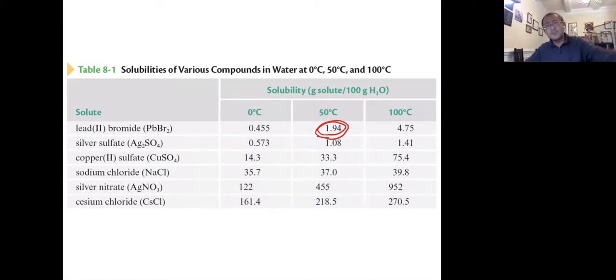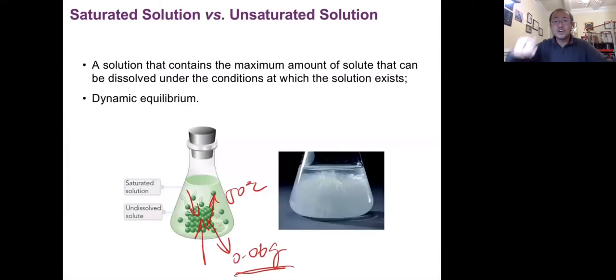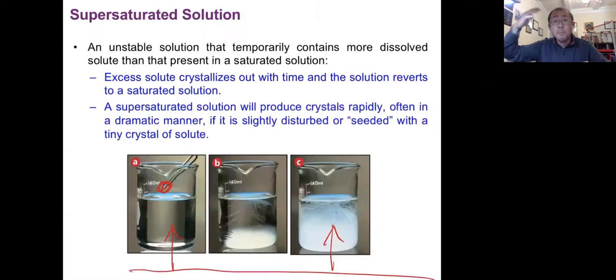Okay, so we have 3 types of solution, even though I didn't put it here. If you have more than you could dissolve, if you have solid remaining in there, the maximum, saturated. If you don't have enough, the solution will be clear. Less than the maximum, that's called unsaturated. If you dissolve more than you could, but that's an unstable state, we call that supersaturated.